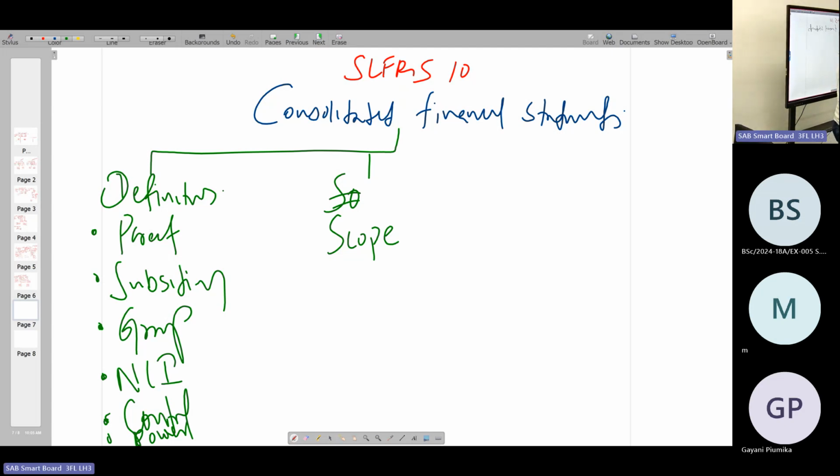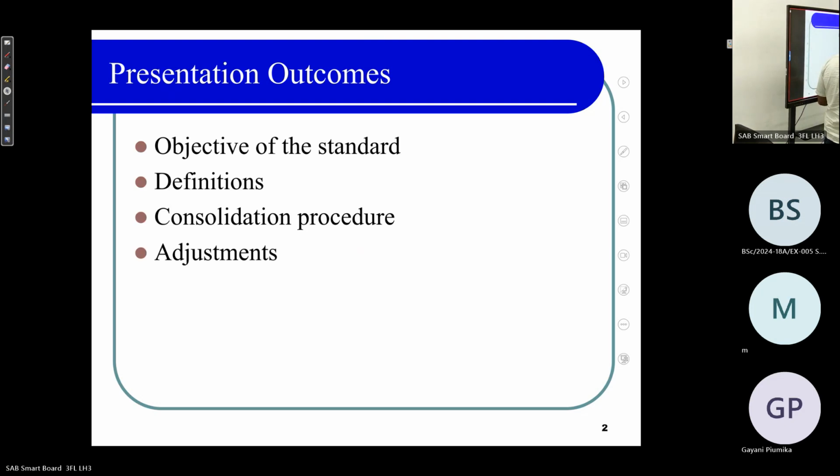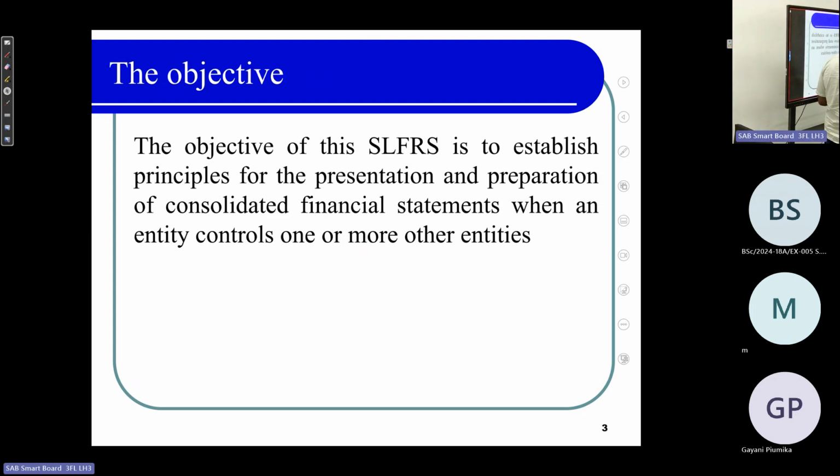Just write down as a list. Objective of the standard: the standard prescribes how to prepare consolidated financial statements. It establishes principles for the presentation and preparation of consolidated financial statements.